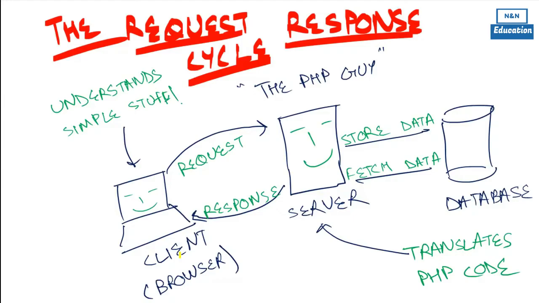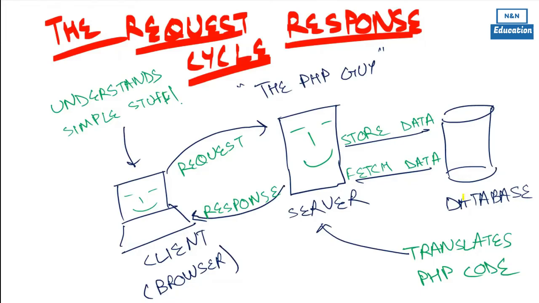But in this course we'll have to create this entire framework on our systems, so that we can develop PHP code locally. What I mean by that is we're going to have the client on our machine, and also we're going to have the server on our machine, and that's why we're going to install Apache. It's going to do that job for us. And we're also going to install the database software MySQL, right?